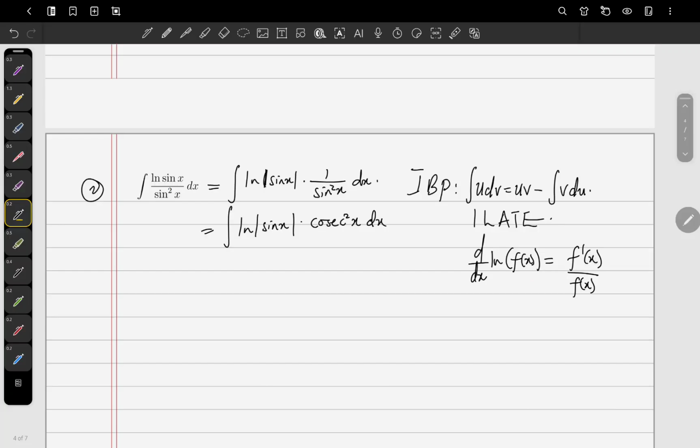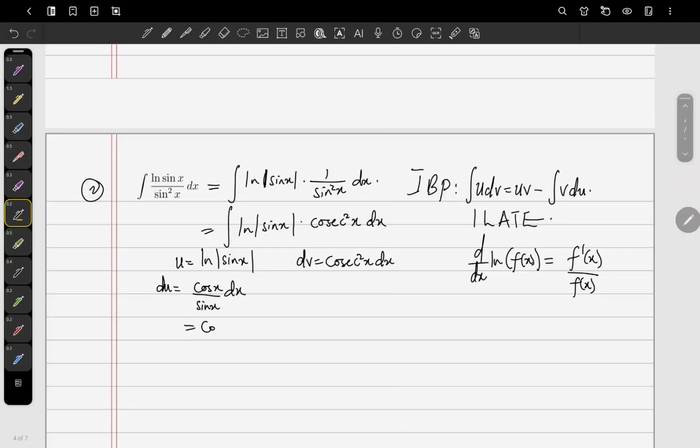That is, you differentiate what is inside the parentheses, which gives you f prime of x, and divide it by f of x. So it means we can do u equals natural log of sine x and dv is equal to cosec squared x dx. Beautiful. So from what we just said, the du will be the differentiation of sine x, which is cos x, over sine x itself dx.